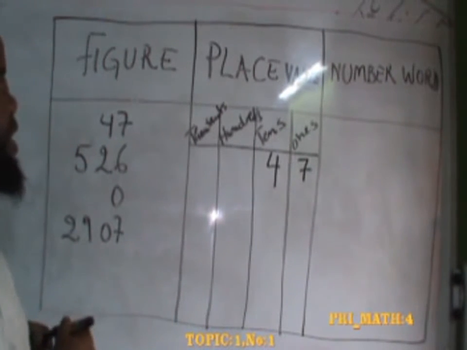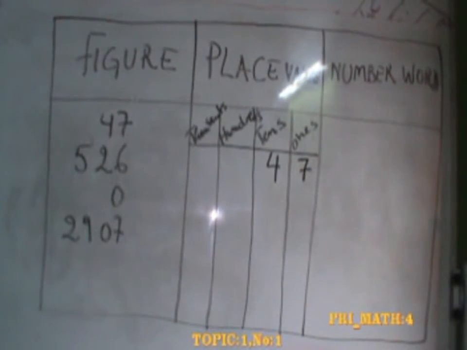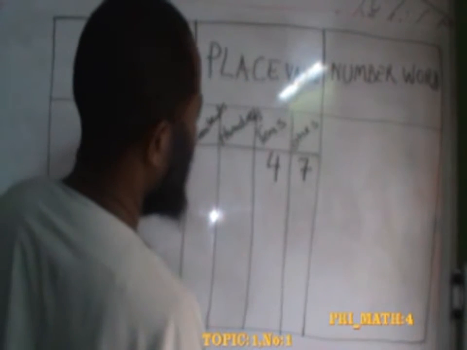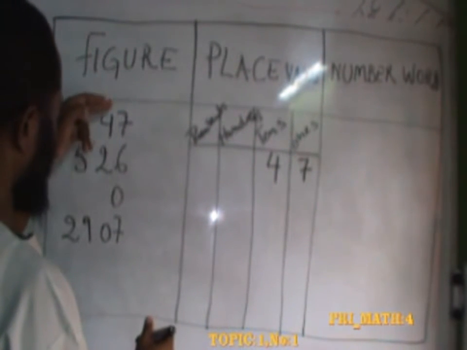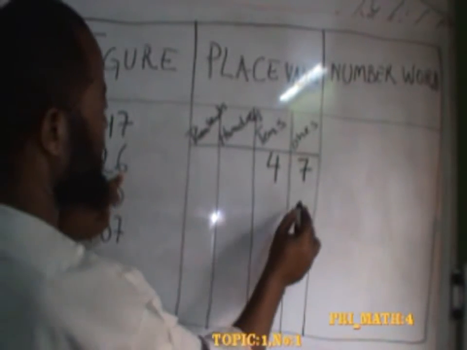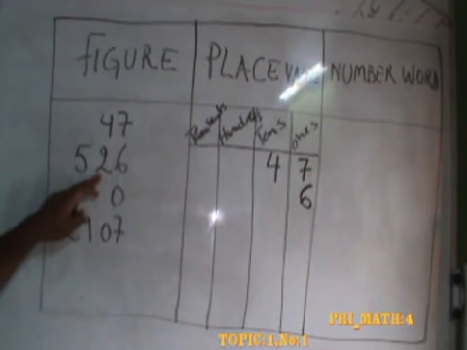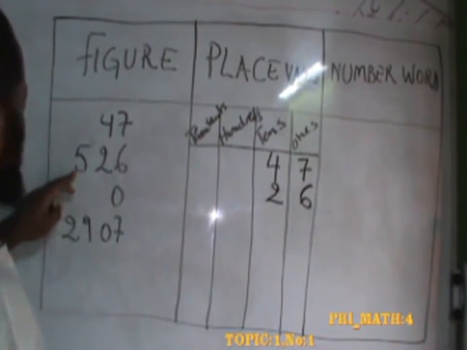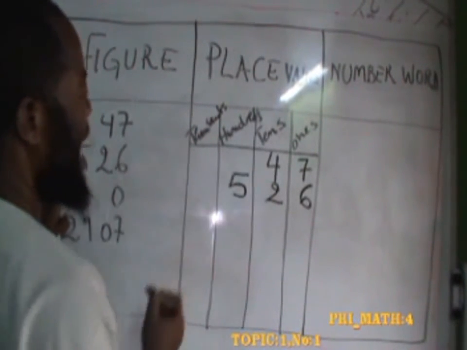We have already finished with our first number. For the second number, 526 will be represented as follows: 6 for ones, 2 for tens, 5 for hundreds.